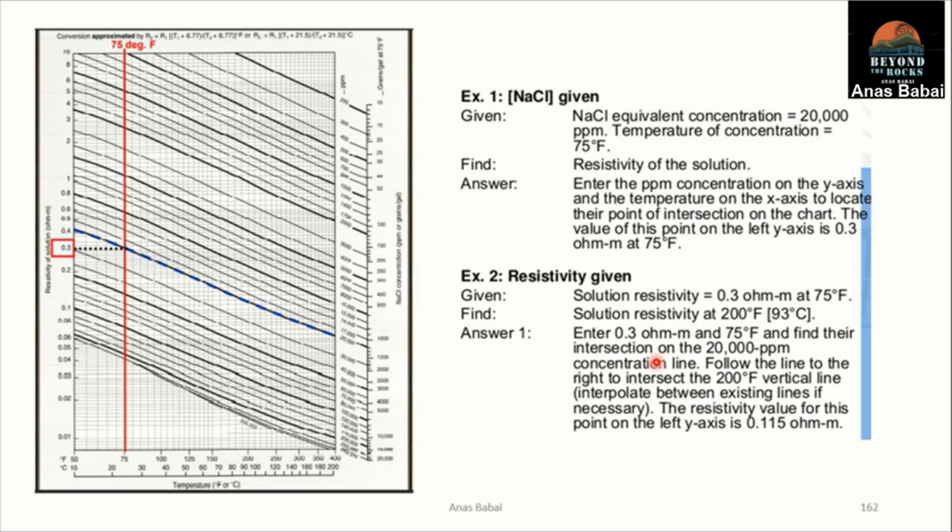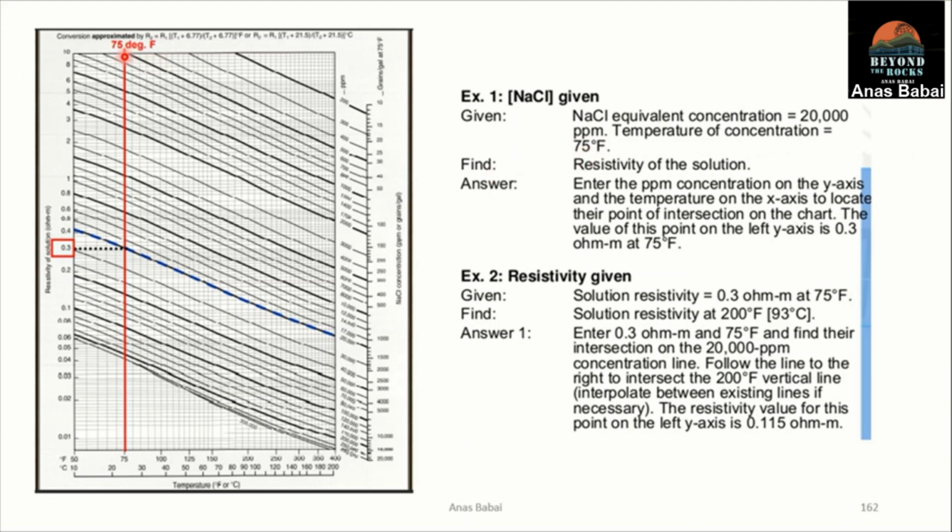Now, if we know the salinity and the temperature, we can find the resistivity of the solution. Simply, in this example, the concentration is 20,000 parts per million and the temperature is 75.